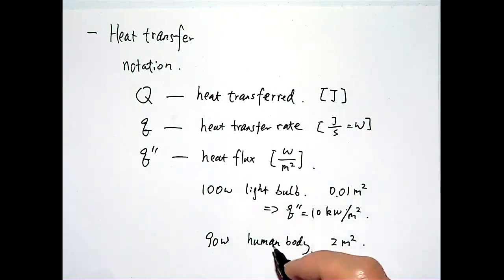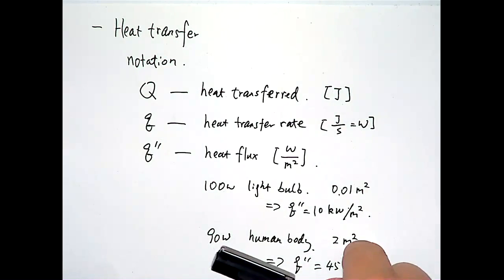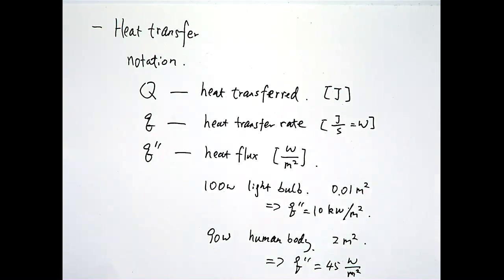Then you can calculate the heat flux, which is about 45 watts per meter square. That's what our body temperature feels like. So with the same heat transfer rate but a different area, a smaller area means more energy transferred through it, and you will feel a different temperature. The temperature can be calculated using the conduction rate equation that we will introduce later, but heat flux can be understood in a more straightforward way.